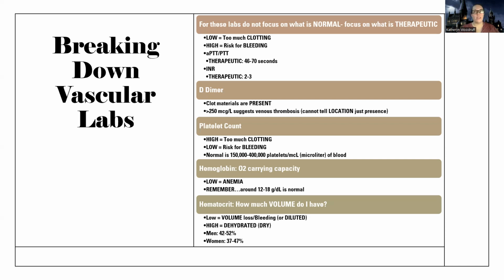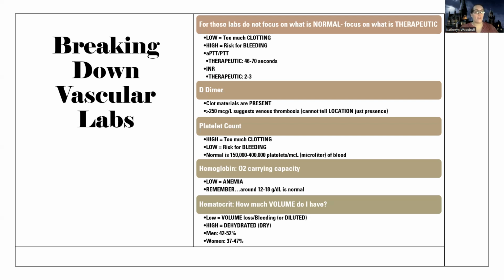And don't get too crazy or psych yourself out with this. You do not have to know in depth about this, but you do want to know what's normal, and it helps me to kind of talk it out. So a low hematocrit would be like, I'm losing blood, so I literally have fewer cells, or it's diluted, like I have a whole lot of fluid literally diluting all of the particles. I have the same amount of particles, but it looks like there are fewer cells because it's so diluted.